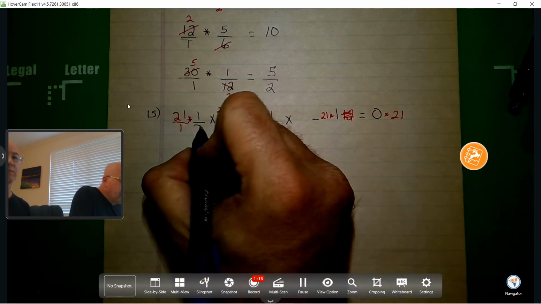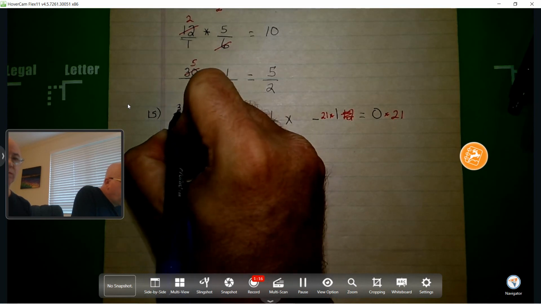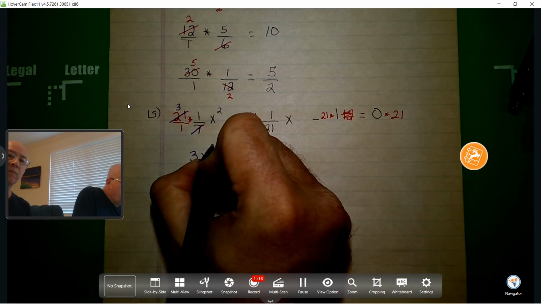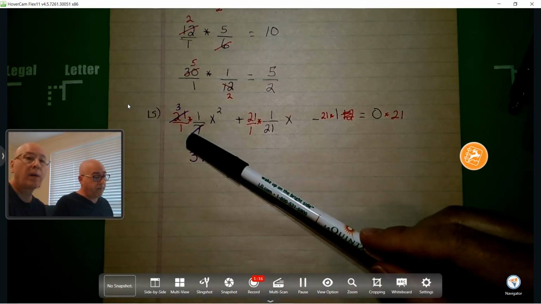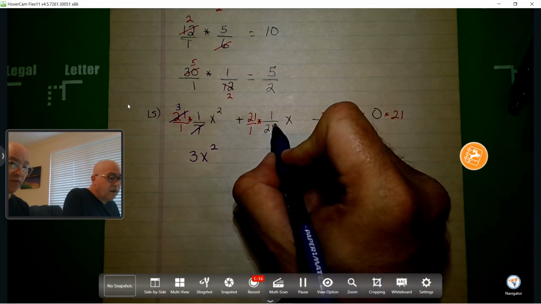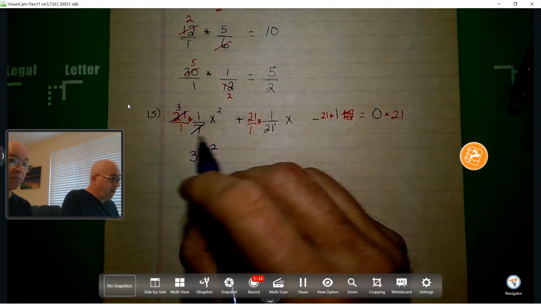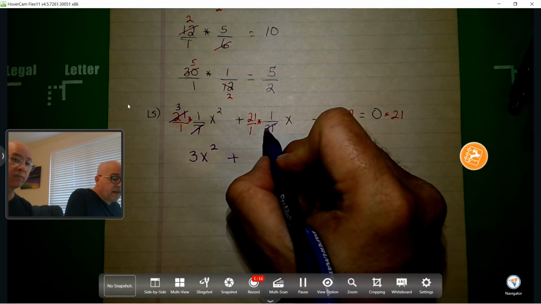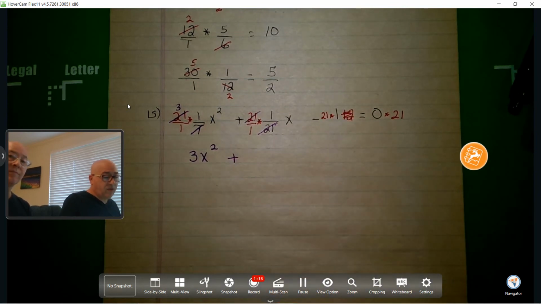Well, look at this. 7 goes into 21 3 times. 3 times 1 would just be a 3. That 1 in the denominator, you don't show denominators of 1. We've gotten rid of the fraction. And now we have an a value of 3. Okay, I'm carrying down this plus sign. And look at how nice this looks. I can cross-cancel the 21s.